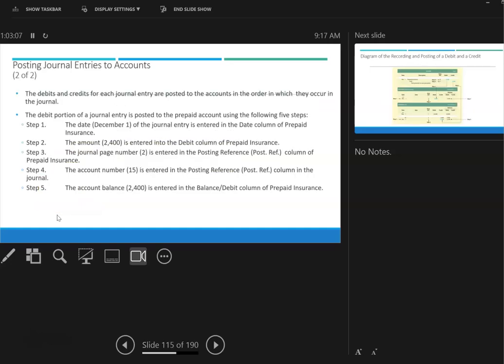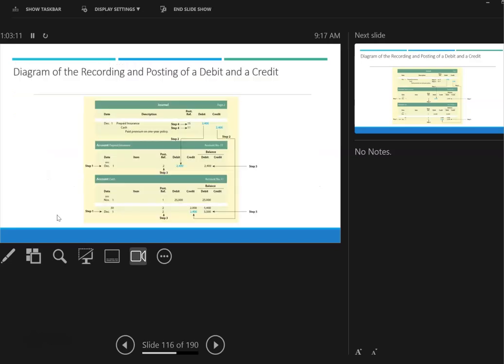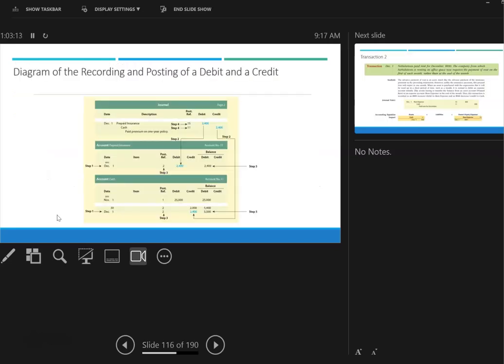Anyway, we're just earmarking to make sure we're following the procedure correctly. So here, this 2,400 prepaid insurance gets put in the debit section here. This 2,400 of cash gets placed in the cash account down here. Does that make sense?